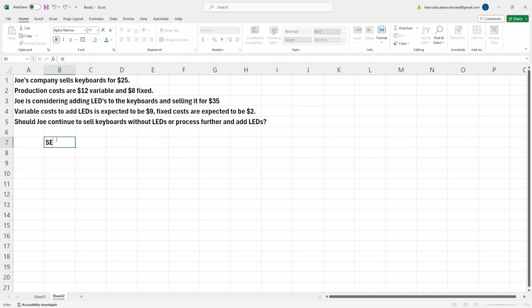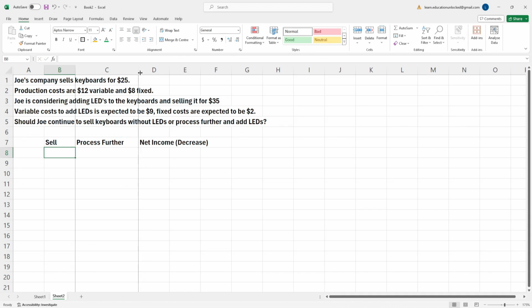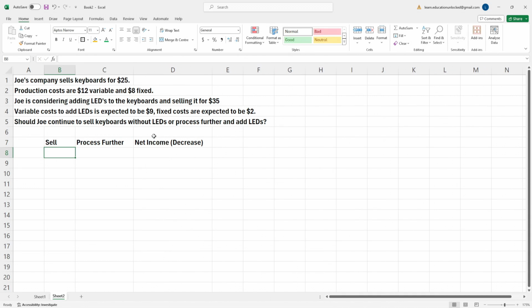So the first thing we're going to do is always set up our tables. So we have sell, process further, and then net income decrease, increase that. All right, and then we have our sales per unit, our cost per unit.